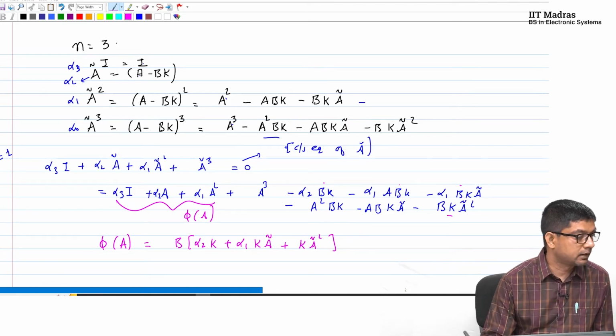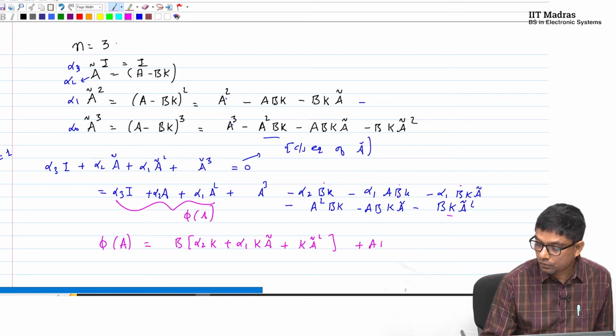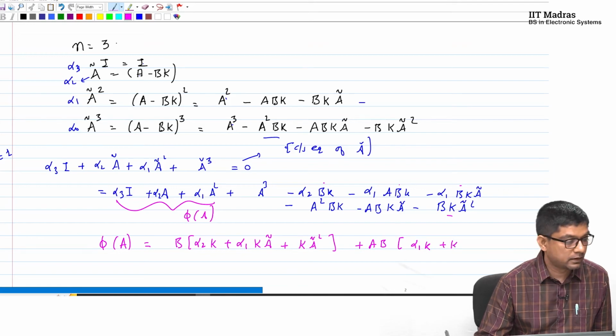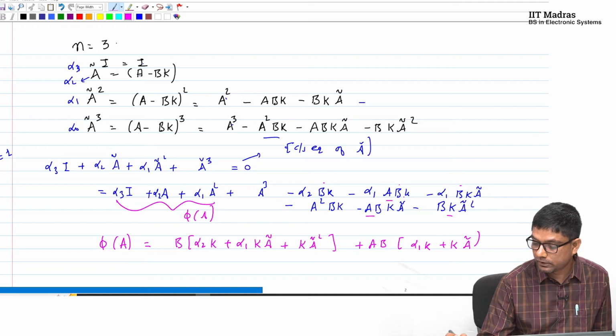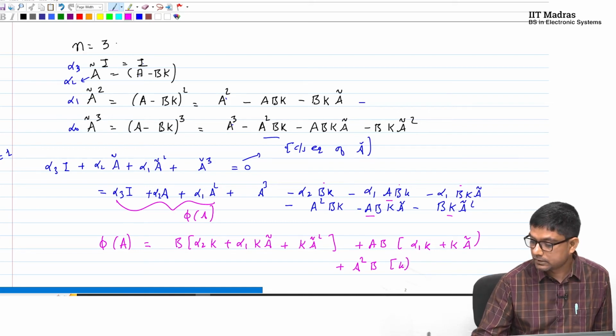Then I will have another term corresponding to ab. So, that is alpha 1 k and k a tilde. These are the terms corresponding to ab, and lastly I will have terms corresponding to a square b, which is just k.